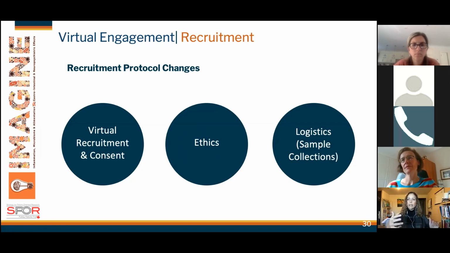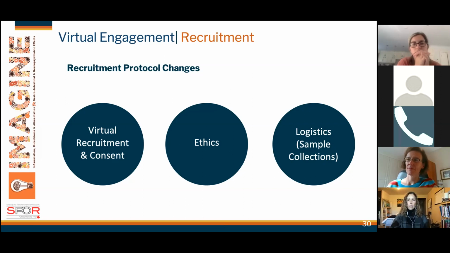And then logistics. With Imagine, we've really had to shift sample collections, for example, or pivot to a different approach. Contacting people and engaging with people online has also really shifted since this whole COVID-19 pandemic.